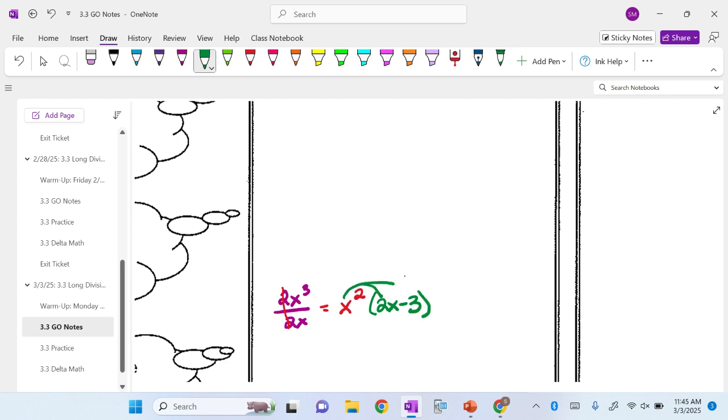And remember, you just distribute that. So what's x squared times 2x? 2x cubed. Good. What's x squared times negative 3? Negative 3x squared.